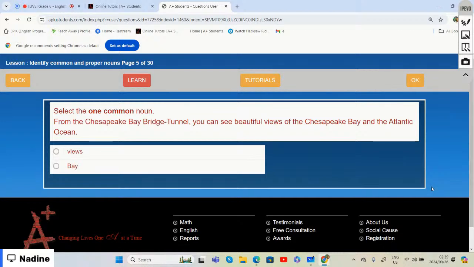So we need to select one common noun. Is it option one, views, or option two, bay? Which one is correct?